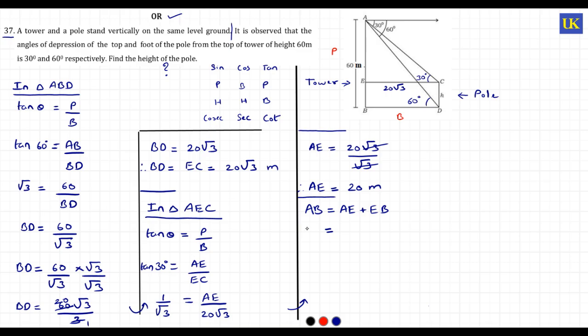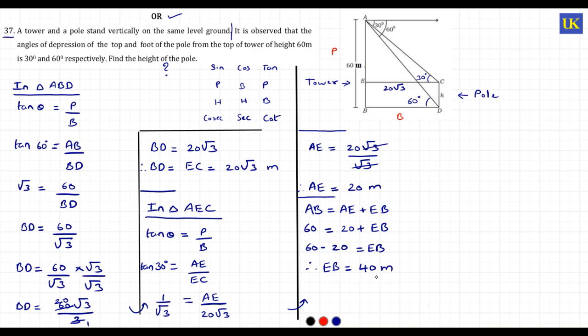AB they have given in the question, it is 60. AE we have just found out, it is 20, plus EB is what we wish to find. So I'll send 20 to the other side. So 60, 20 will become minus, is equal to EB. Therefore, EB will be equal to 40.